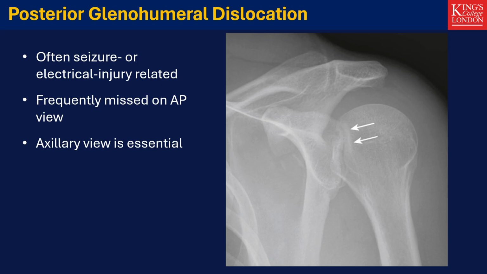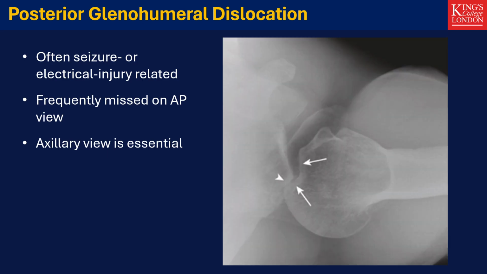The glenohumeral joint space may appear widened, producing the rim sign. These findings can be subtle. Is this image normal? The scapular view may suggest posterior displacement, but the axillary view is definitive. If you do not have an axillary view, you cannot confidently exclude posterior dislocation.